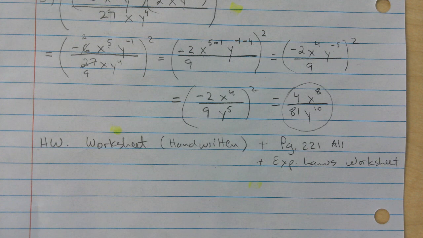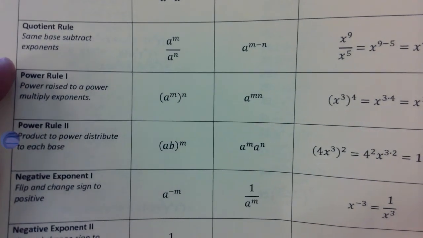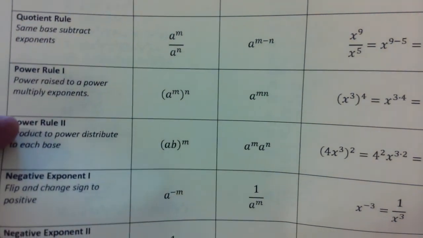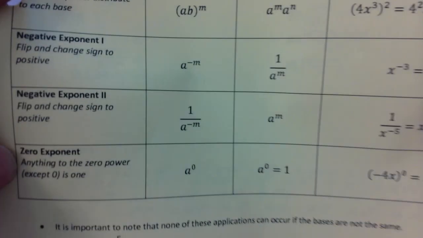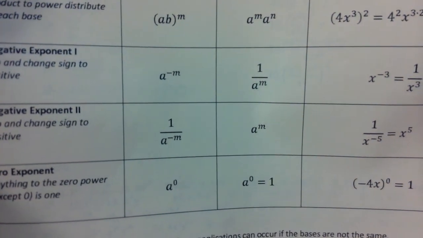And last but not least, I forgot that I gave this to you. I never gave this before, but I thought, hey, it's going to save us some time. All of the exponent laws are on this yellow paper, and it tells you what they're called. But the naming of it is relative, it's not always consistent. That's why I don't like to call it anything.